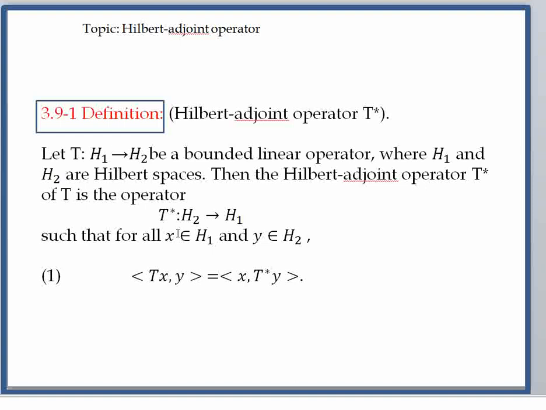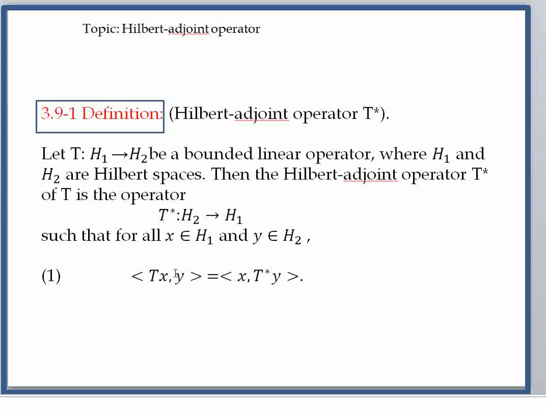In the definition, x belongs to H1 and y belongs to H2. If x is an element of H1 and T applies on x, then the image Tx goes to H2. So Tx is an element of H2 and y also belongs to H2.